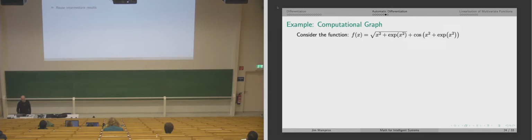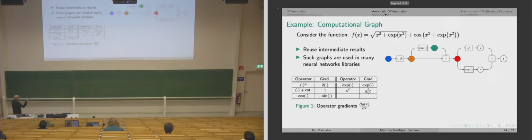So the question is, how would we reuse intermediate results? If we have such a graph here, you see that there's a branch. First you can reuse the computation of x squared and propagate it forward here, because you have x squared plus exponential of x squared.